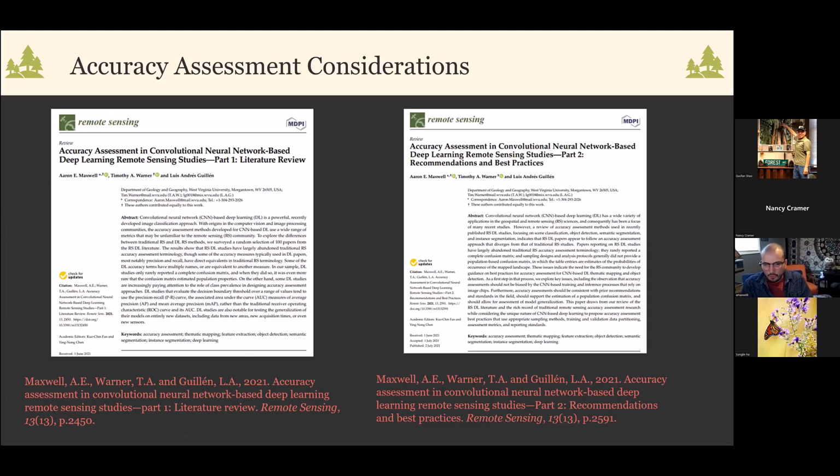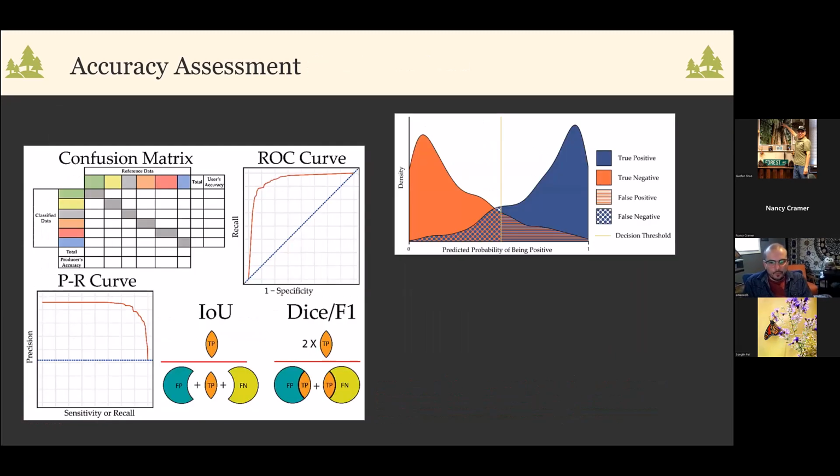Because there are lots of weird complexities that arise from how deep learning pipelines work that I think introduce some issues in doing accuracy assessment in a non-biased way, where you're actually assessing generalization. There's also just a lot of discussion about the best metrics that we use to actually compare our models these days.